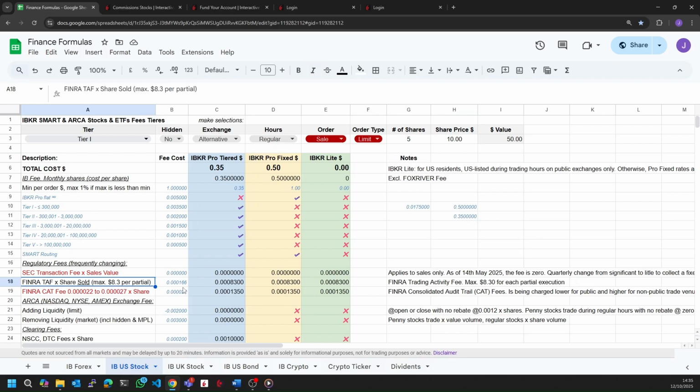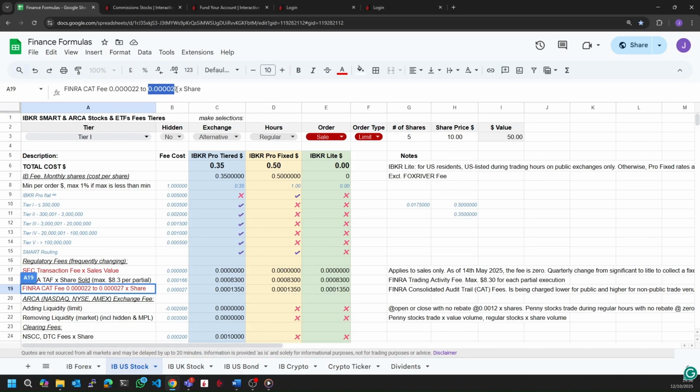And the FINRA fee also, okay, very small amount, but for big traders you need to consider that split orders will be charged separately. But the good news is it will be capped at $8.30. And the FINRA consolidated audit fee, if you will notice, it's a variable fee. So you pay a smaller amount if you are trading on public exchanges, and a higher amount if you are trading on non-public exchanges.